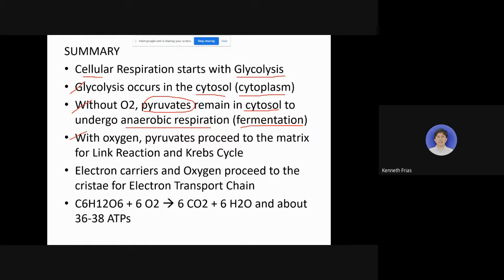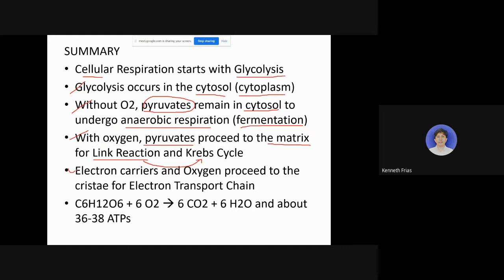But with the presence of oxygen, the pyruvates produced in glycolysis will proceed to the matrix so that they could undergo the link reaction, which will prepare the pyruvates to become acetyl CoA and be used in the Krebs cycle, also known as the citric acid cycle or TCA cycle.